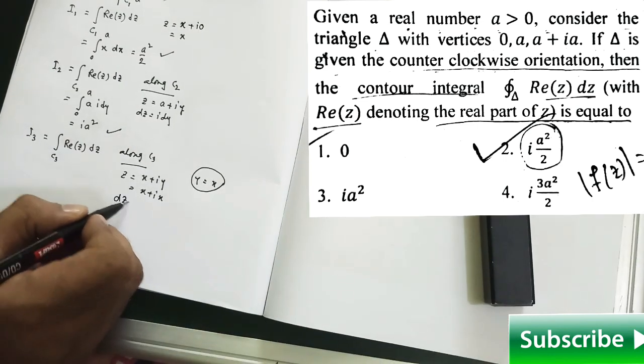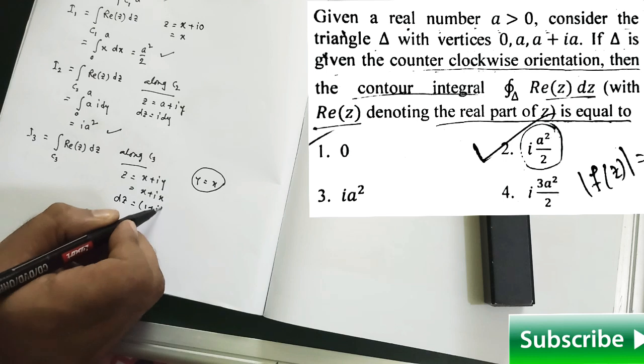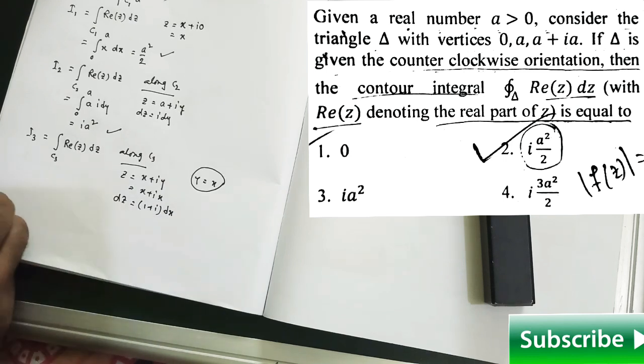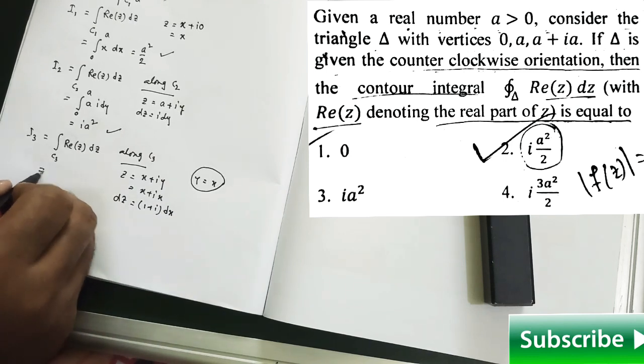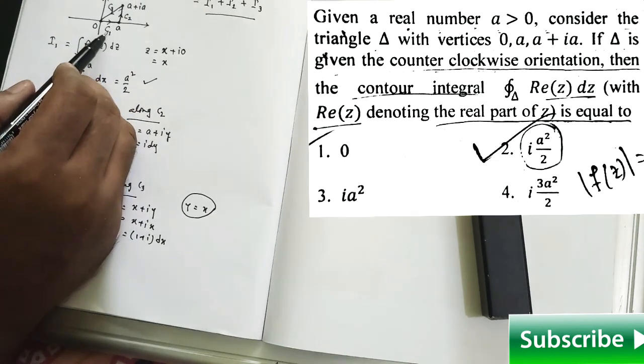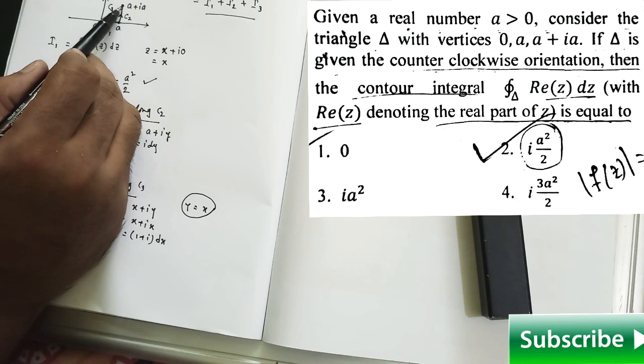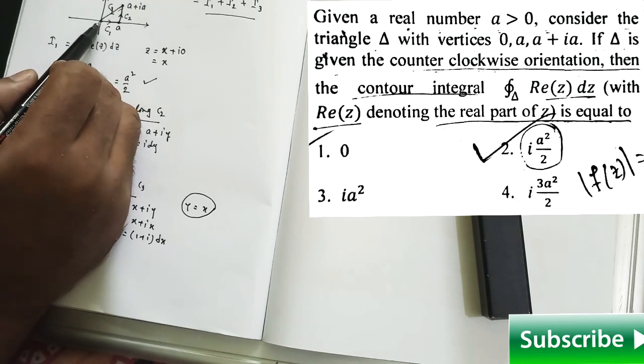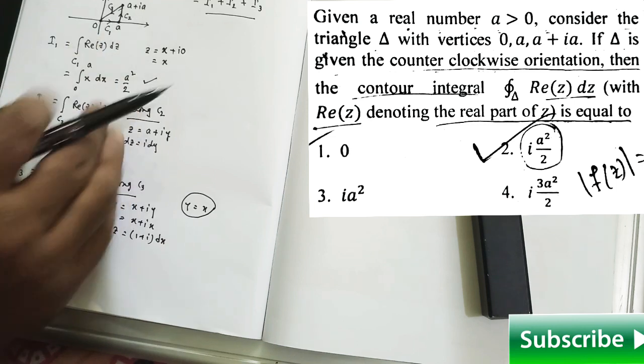So your dz turns out to be 1 plus i dx, and look at the limit of x, starting limit is from a and the ending limit is at 0.